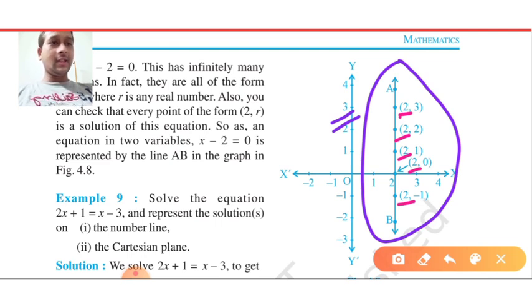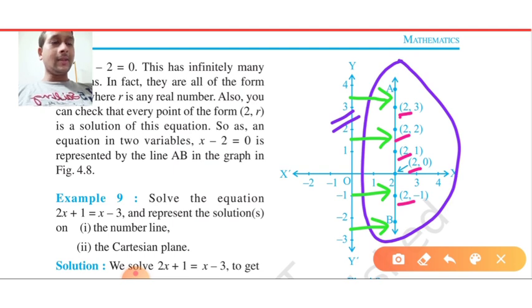It is 3, 2, 1, 0, -1, but the x coordinates are fixed here. 2, 2, 2, 2, all are 2. That means this line is at a distance of 2 units from the y-axis. It is at a fixed distance, and going to the left from the origin it is moving 2 units.